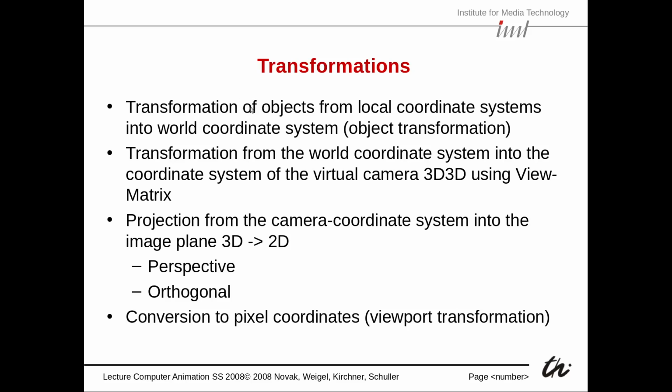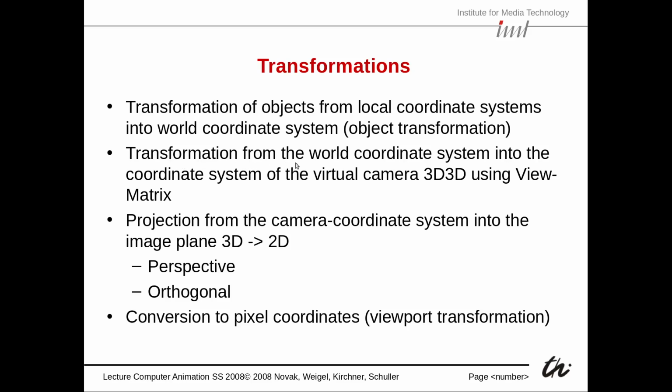This is the transformation of objects from local coordinate systems within our model into world coordinate systems. Which then also defines the relationship between different objects. Where in the world is our object?